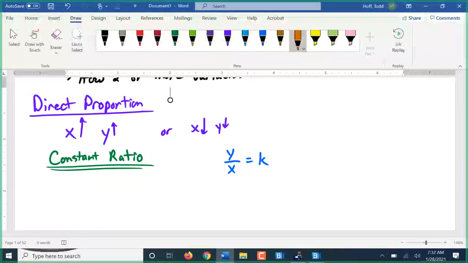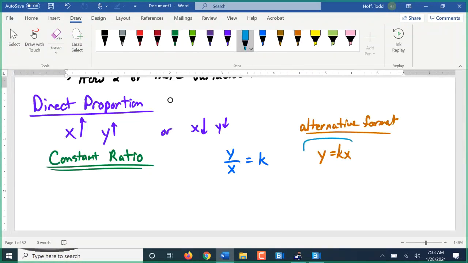Now, a more useful way of expressing that sometimes, an alternative format, is to say that y equals a constant times x. If we're using the term variation to describe this relationship, this is the form we generally look at it in.